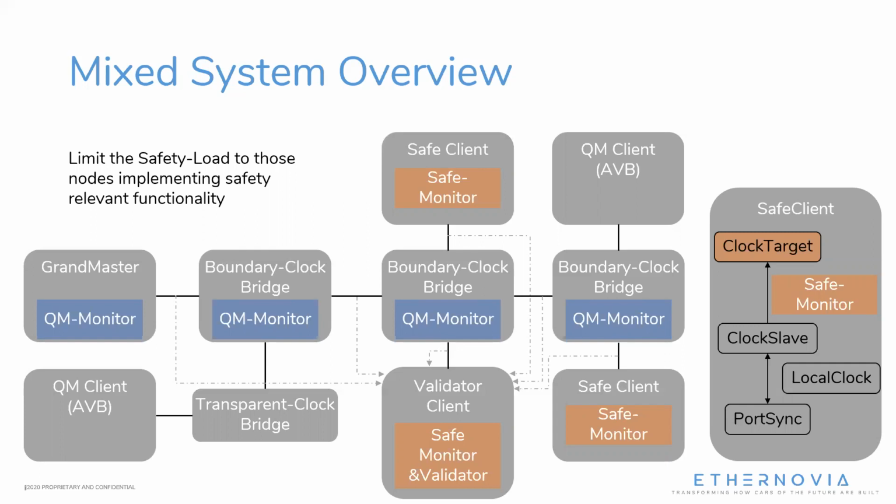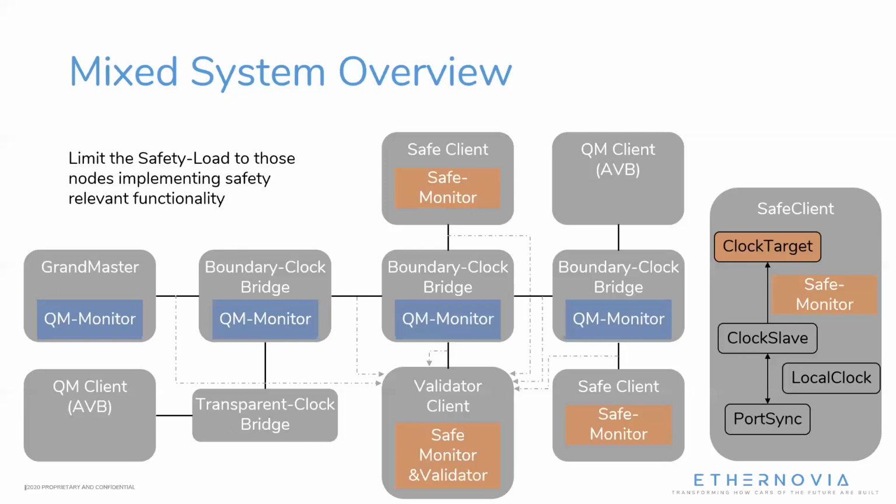Keep in mind that a safe client, as shown to the right, needs to make sure that any clock target actually receives the clock slave time without any of these delta errors that we discussed in the bridge before. This needs to be ensured in the safe client, but as this is a safety relevant system, these assurances can be made. The advantage of this proposal is that in the bridges and in the non-safety relevant clients, there is either no measure to be taken or only QM monitoring to be done.